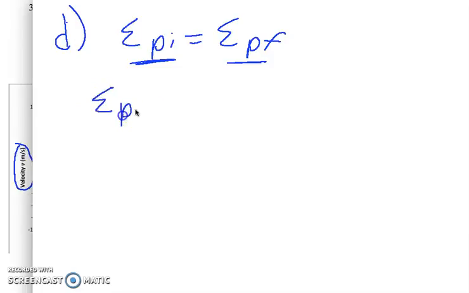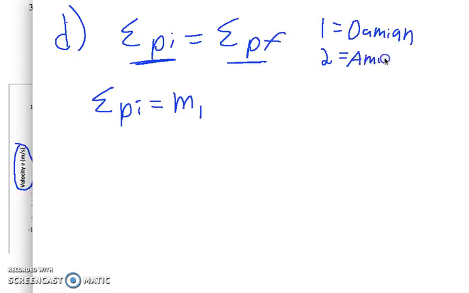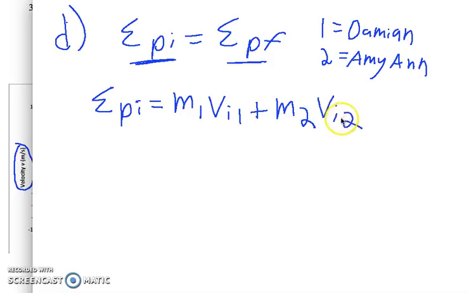So the total initial momentum is going to be, we'll call Damien 1 and Amy Ann 2, just for clarity, the mass of Damien times the initial velocity of Damien plus the mass of Amy Ann, mass 2, times the initial velocity of Amy Ann. So now we just have to plug in.